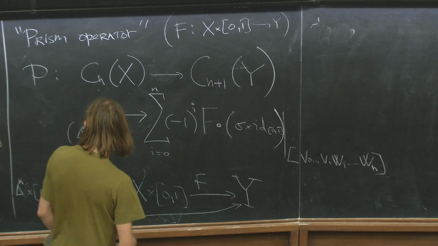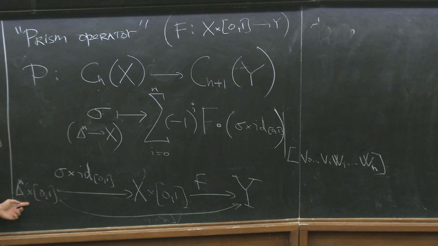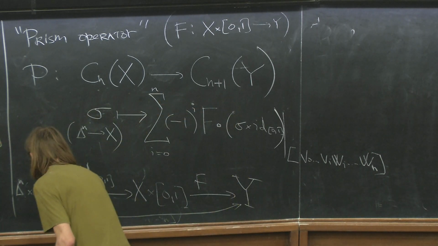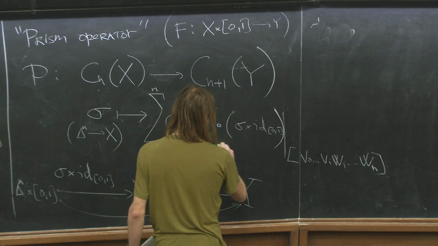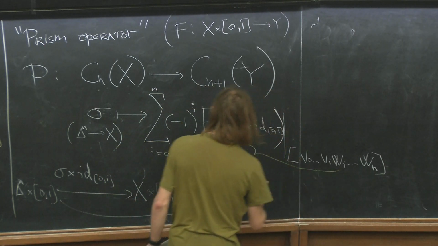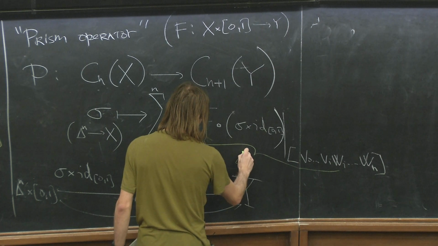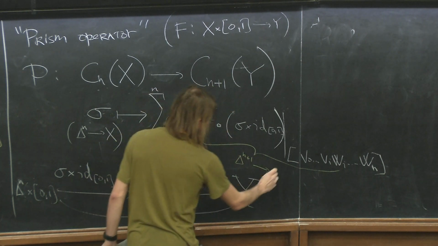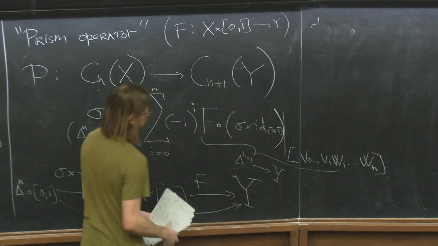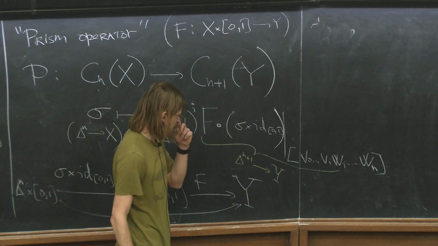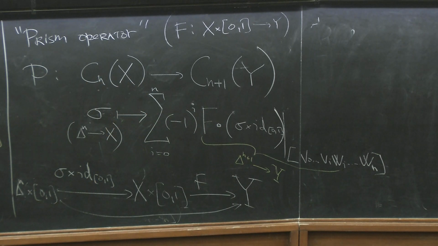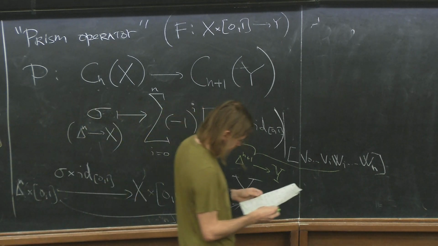So each term here can be understood as a map from delta n plus 1 to Y. Delta n plus 1 is one of the n plus 1 simplices in our subdivision of this prism. Does it indeed make sense?